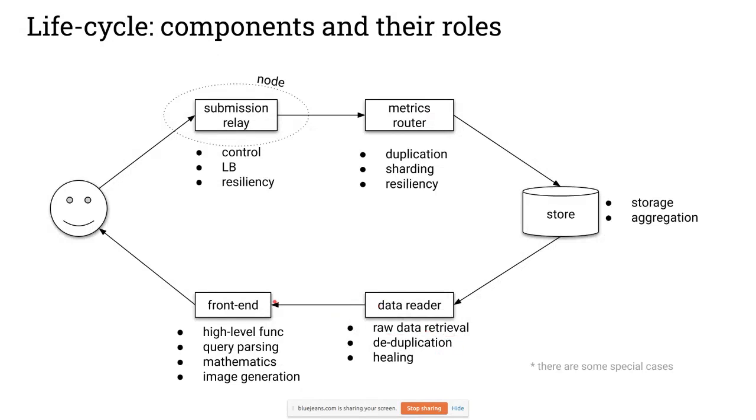Then the data is forwarded to the front end, and this has high-level functionality. It parses the queries, does the mathematics, generates images, and then goes to the user. One can view this in Grafana or can query the front end getting the images or JSON. There are multiple possible formats.